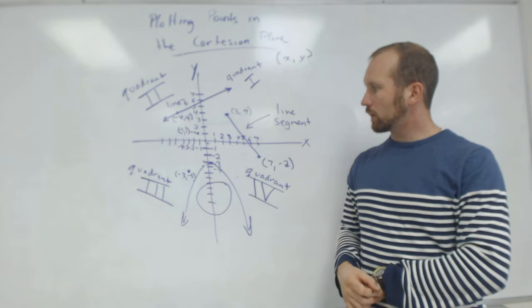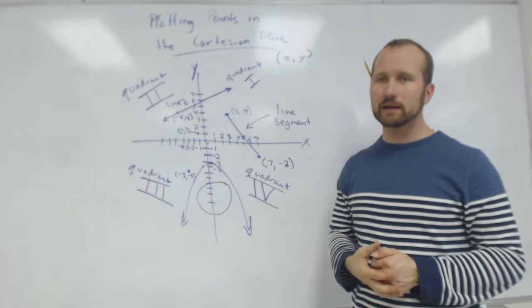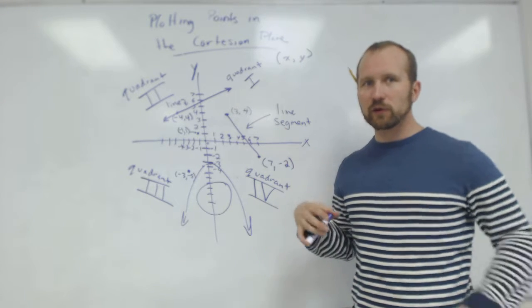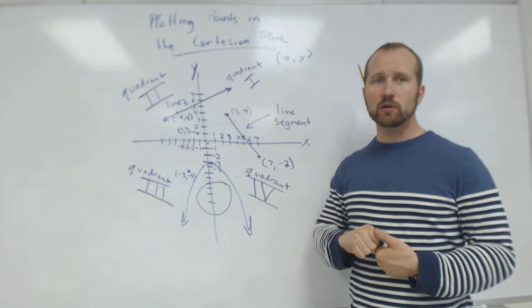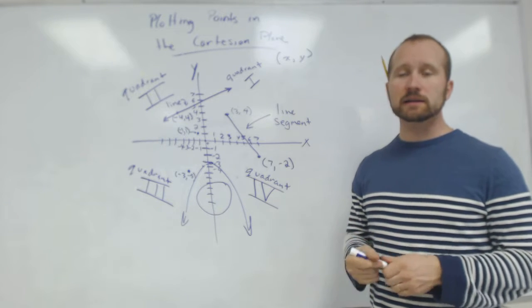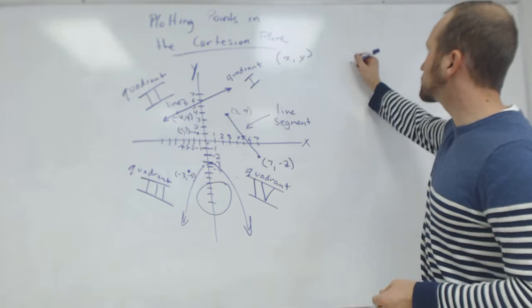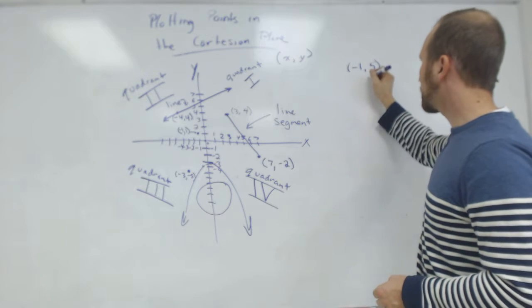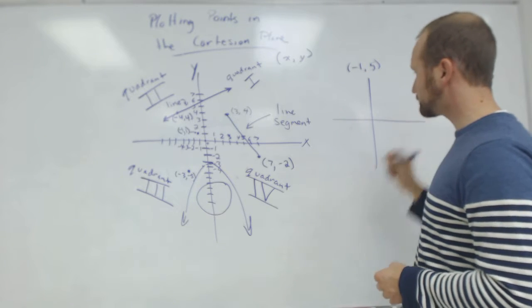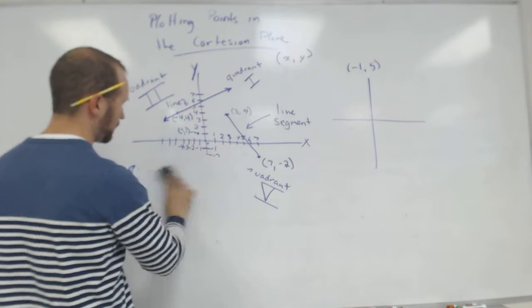So, what I want to do today is just practice getting used to this plane. And I'm not going to film this part. You're going to just practice on your own. But what we're going to practice is where do you plot points, right? So if I gave you the point -1, 5, and I give you a graph, where would you put that on the graph?